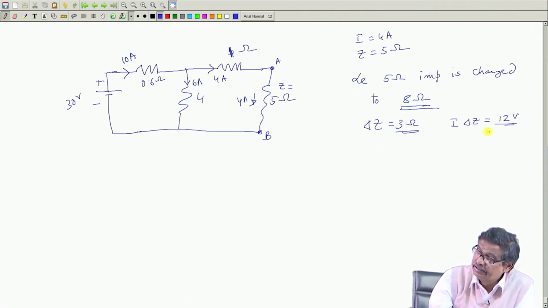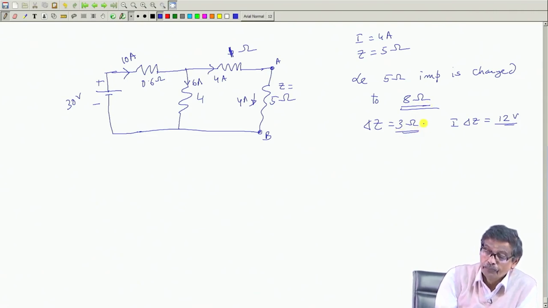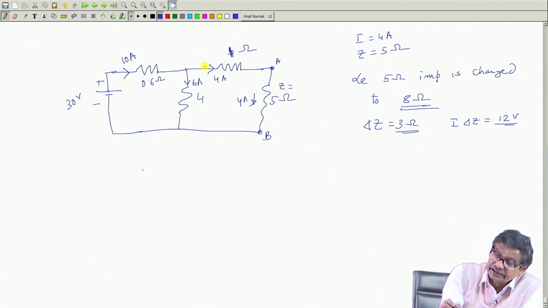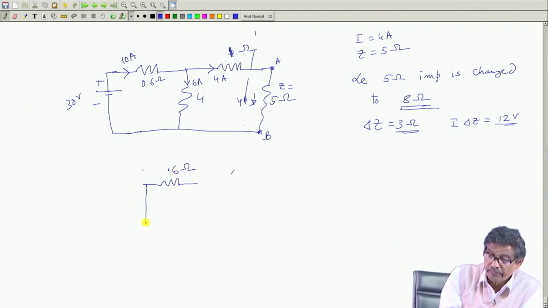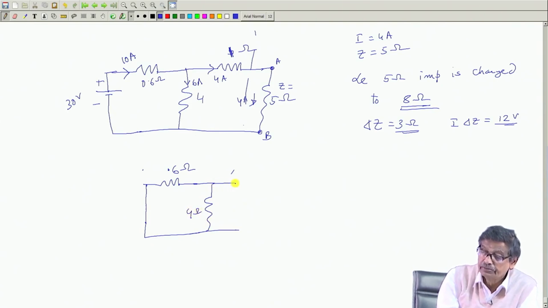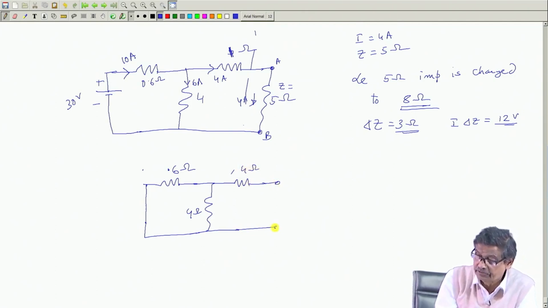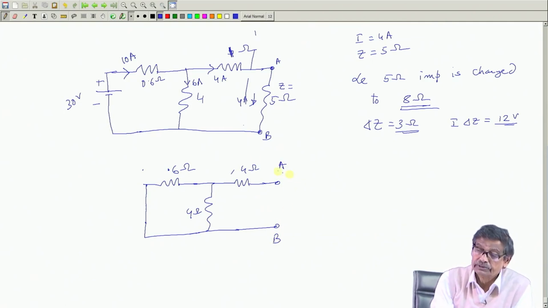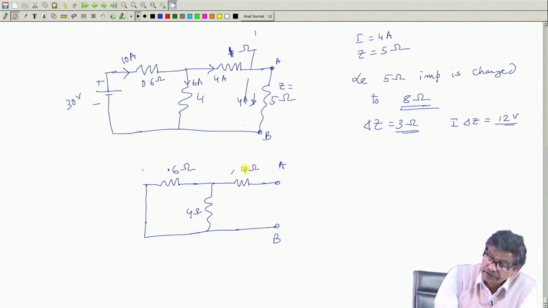Then with this impedance changed to 8 ohm and delta Z 3 ohm, you redraw the circuit. These are the sources present in the network, this source replaced by a short circuit, 0.6 ohm, let this be 4 ohm, we have not done anything with them, and this will be 4 ohm, no change here. This was my A, this was my B, and this was 1 ohm.